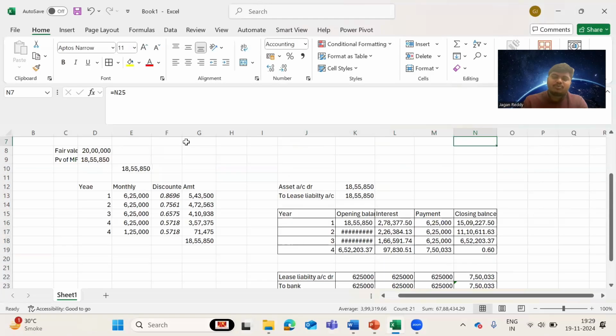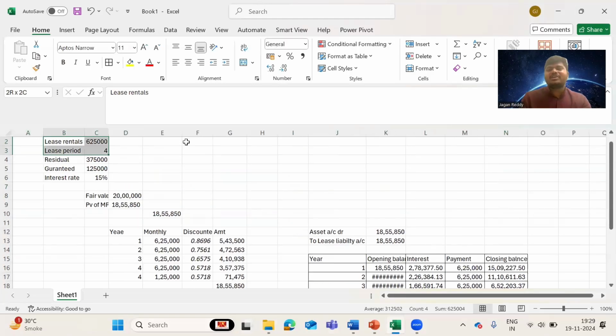So this is very simple from the viewpoint of your lessee. Many of you will confuse. Don't confuse. With respect to the lessee, you have to consider minimum lease payments, monthly rental income or yearly income, plus residual value guaranteed by the lessee or on behalf of the lessee, whichever is higher.